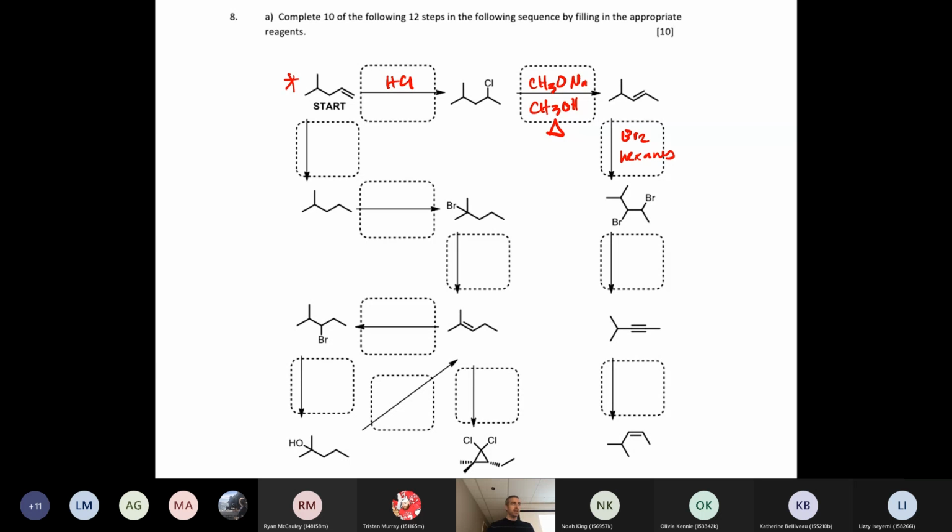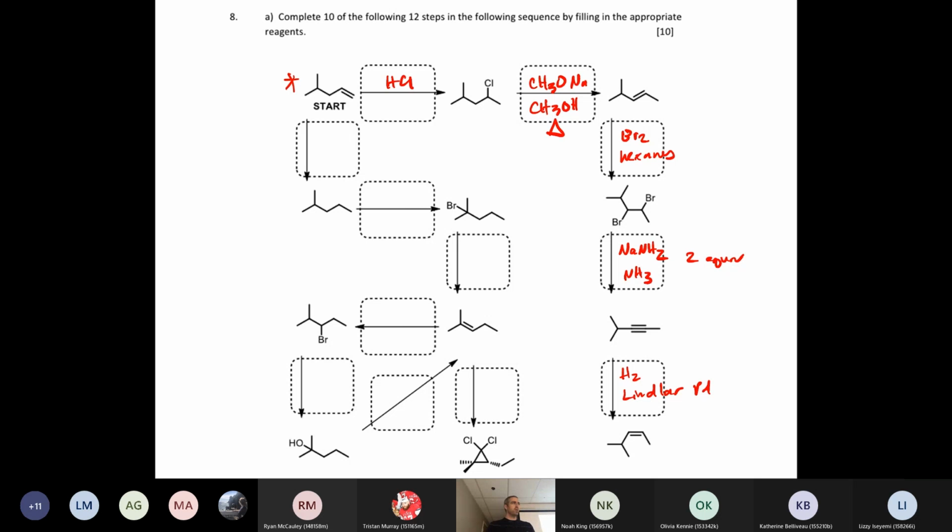Then we've got to do a double elimination. So this was NaNH2. This is the very tail end of chapter 7. And NH3 is our solvent here. We need two equivalents. Then we're doing addition of hydrogen to give you a cis alkene, which is hydrogenation, and then our palladium.